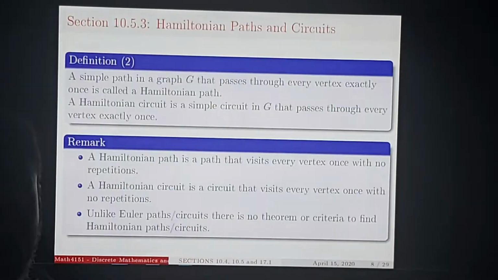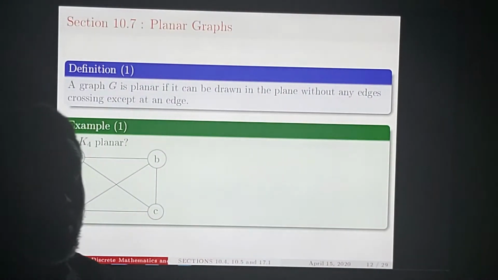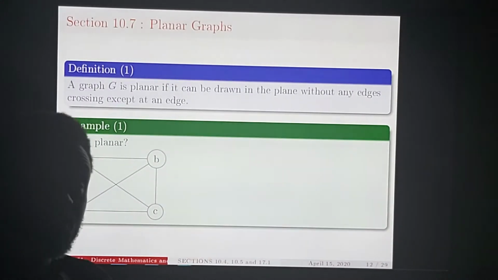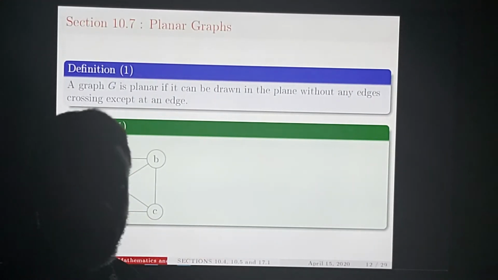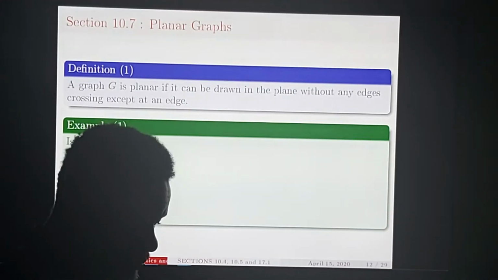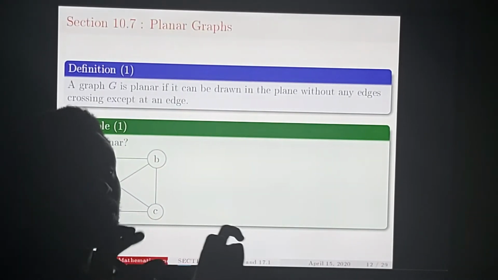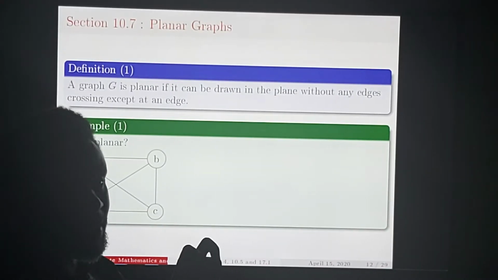Anyway, a planar graph is basically a graph that you can draw on the xy plane without any crossing except at a vertex. I normally give you a background, which says that this is the geometric connection of graph theory, combinatorics, which is graph theory, discrete mathematics, and geometry.